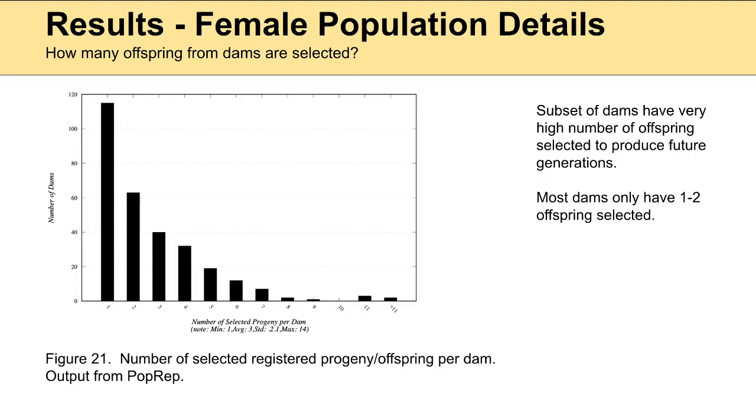So scientists at Embark conferences and other conferences have been trying to emphasize that the best of the best of the best should not be your only option for breeding. There should be siblings that are being bred. And we don't see that happening here. We see that there's a lot of single puppies being chosen to breed from these dams.